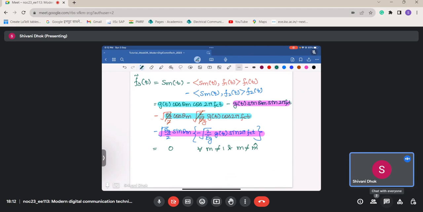Which means if I consider any signal other than m equal to 1 and m equal to m hat, that is when the angle was 0 or when the angle was pi by 2, for all others the intermediate signal for the third basis comes out to be 0, which clearly means that no more orthogonal basis signals, not vectors, signals, are present.